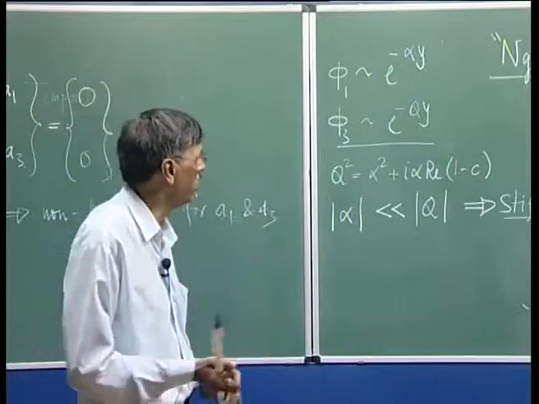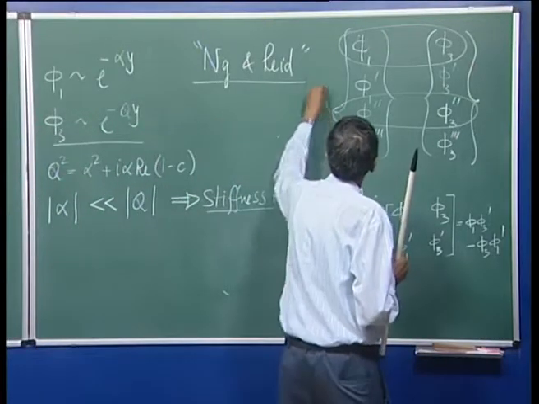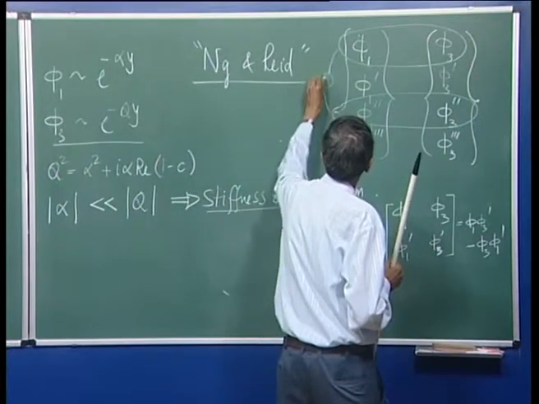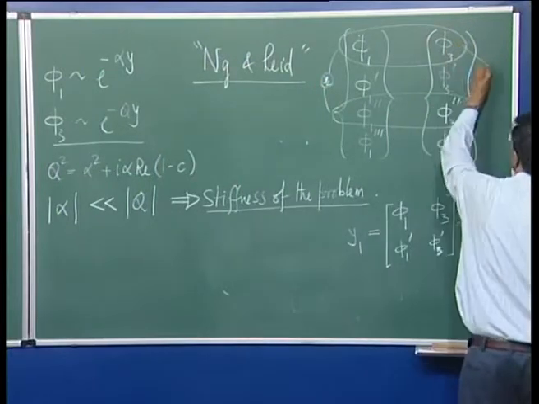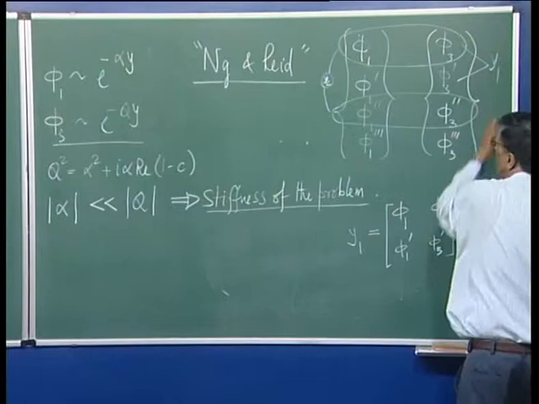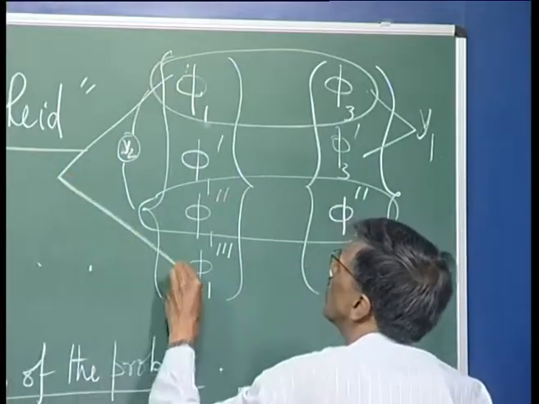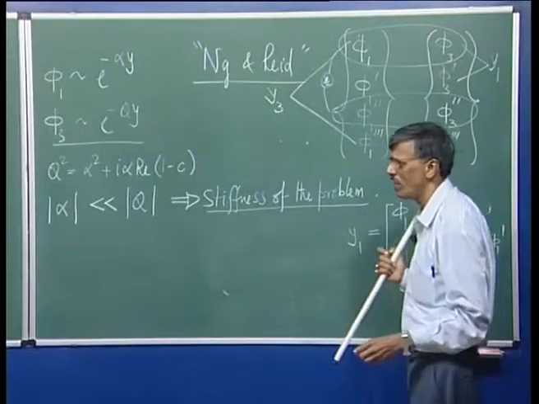So, what we could do is, this two gave us y 2 and this two gave us y 1. If I take this one and this one, I will get, let us say, y 3.